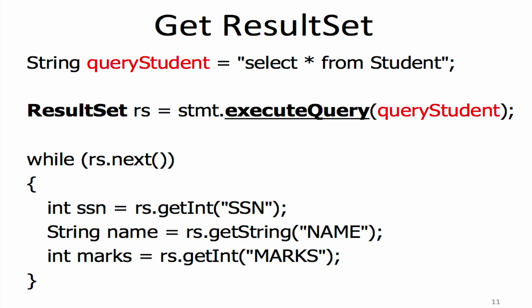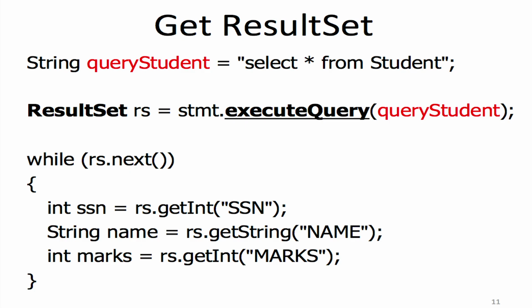Now the second line, ResultSet rs equals statement.executeQuery(queryStudent). In the previous line we mentioned only the query, but in this next line we are executing it. queryStudent is a string type variable, and under this variable we have the query select asterisk from student. executeQuery is a function, and inside this function we mention the query statement, meaning the previous line is mentioned here.